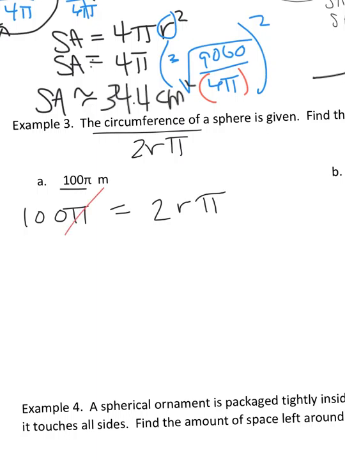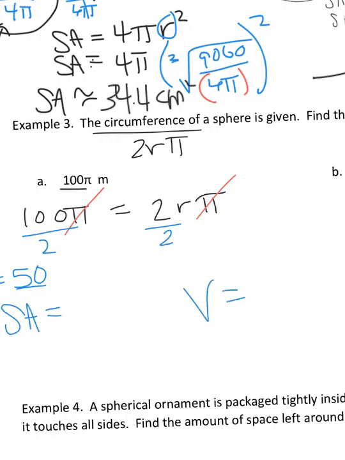You can divide both sides by pi, and they'll cancel out. Then divide both sides by 2, r equals 50. Then, as you can see in my note sheet too, you plug in 50 for r, for surface area and volume. So the tricky part is getting what r is.